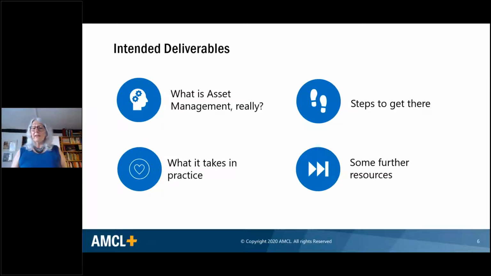So what I want to cover today is looking at what asset management really is. What does it mean in practice in the 30 years since it was started in Australia? I also want to talk about what we've all learned collectively about what it actually takes to make it work.